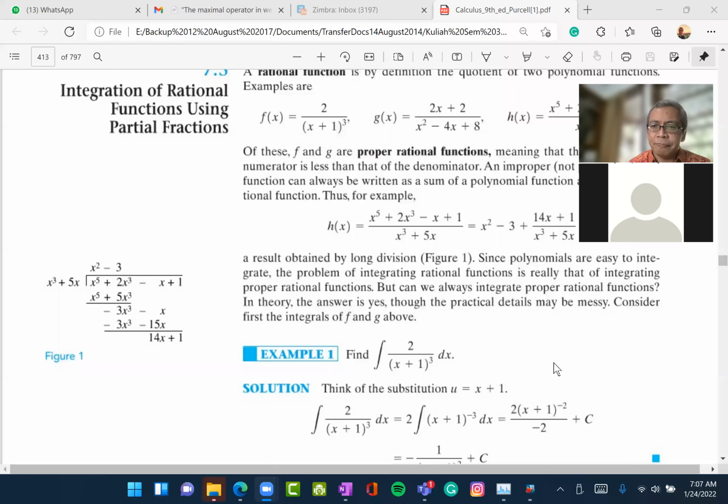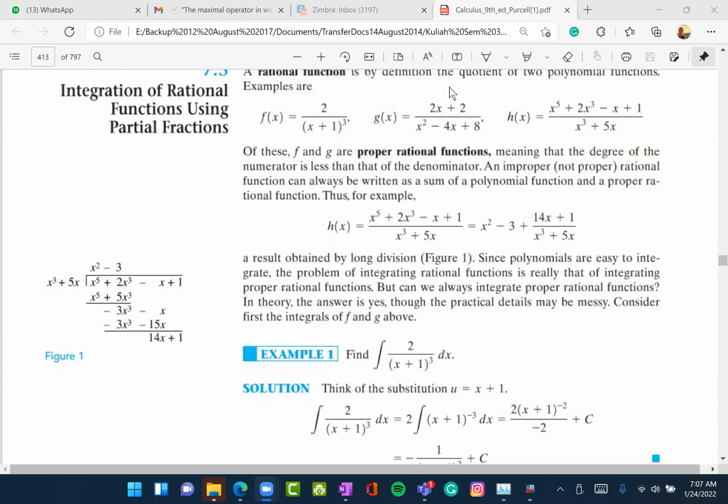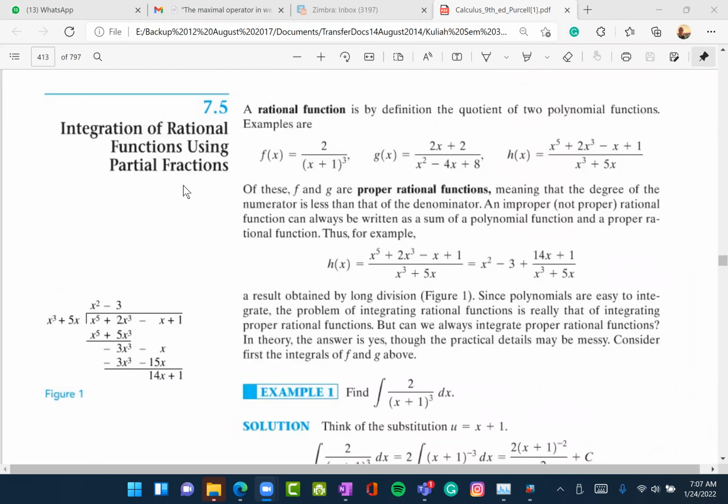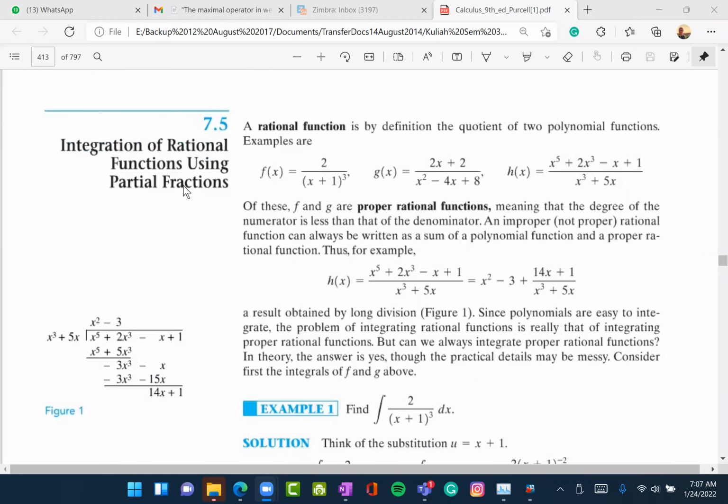So let's just start with what we left out the other day, the last of our integration methods. The last thing we did is the rational functions, using partial fractions.